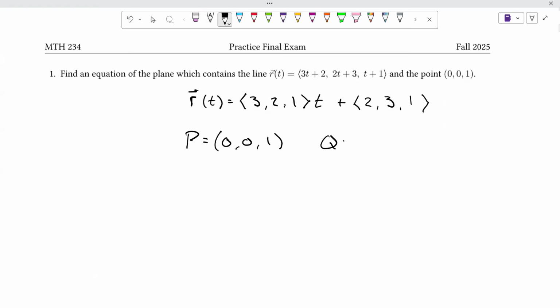And I've got a second point Q, (2, 3, 1), which I got from the equation of the line. So I could find a second vector by connecting those two points. So my vector PQ should be (2, 3, 0). All right, I'll take Q and subtract P: 2 minus 0, 3 minus 0, 1 minus 1.